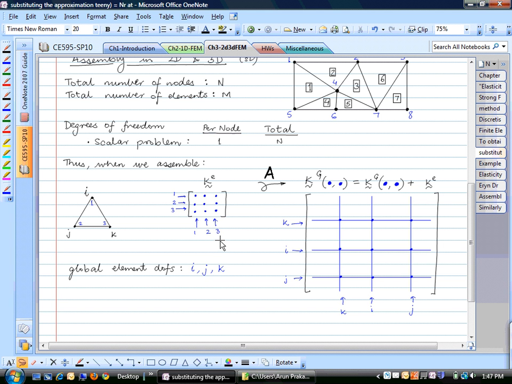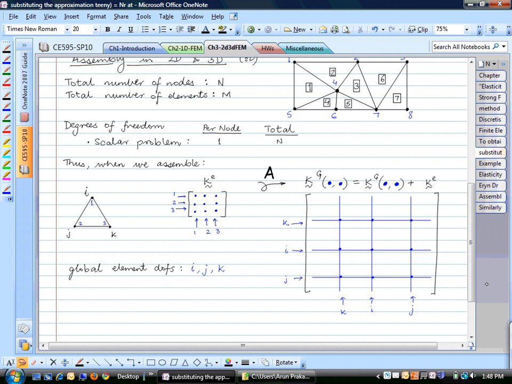The local degree of freedom 3 corresponds to K, which is this row and this column. So you might have to rearrange your element stiffness matrix to add that contribution to the global stiffness matrix. But the idea is the exact same that we had in one dimension.